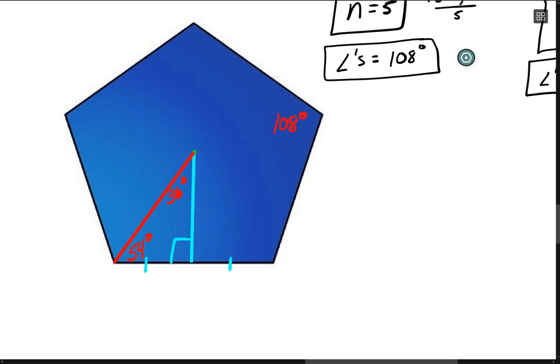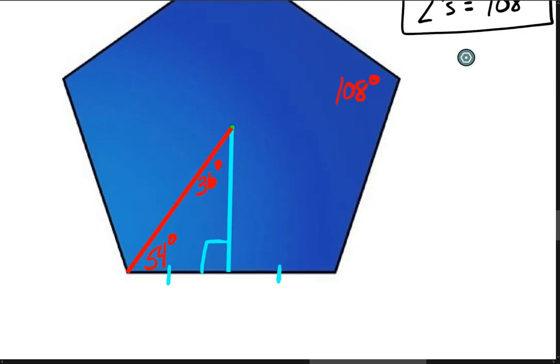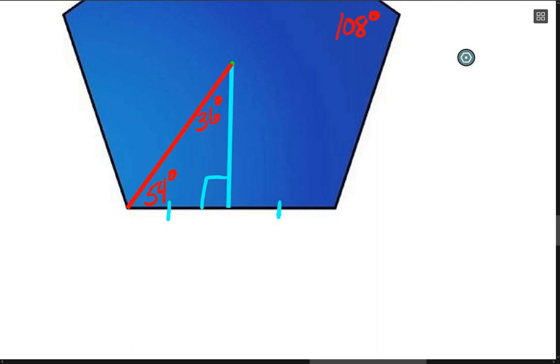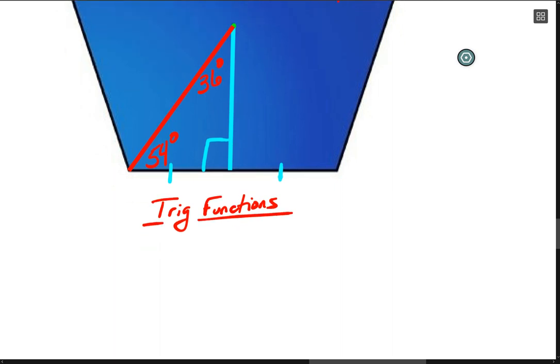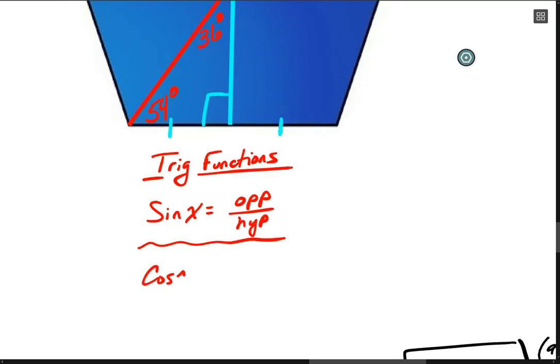Is there anything special about a 36, 54, 90 right triangle? Any special rules? There isn't. But you know what rules you can probably use here? Cosine of x is equal to what?